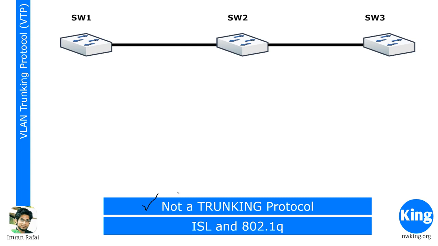There are only two trunking protocols. That is ISL, which is Cisco proprietary, Inter-Switch Link. And then you have 802.1q, or more popularly known as .1q, which is an IEEE standard, the global standard used by everybody, right? So these are the only two trunking protocols we have.